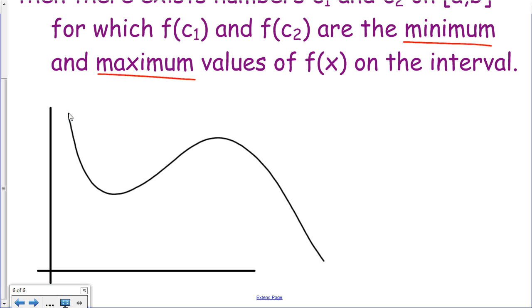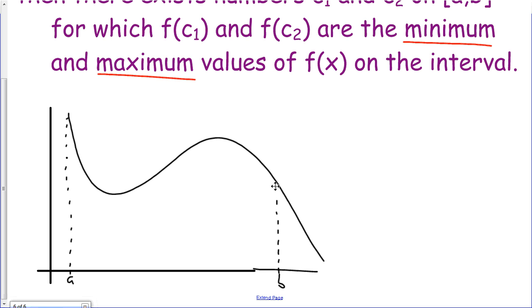And we'll say that this right here is A. And we'll say that this right here is B. And so the theorem says this is f of x.